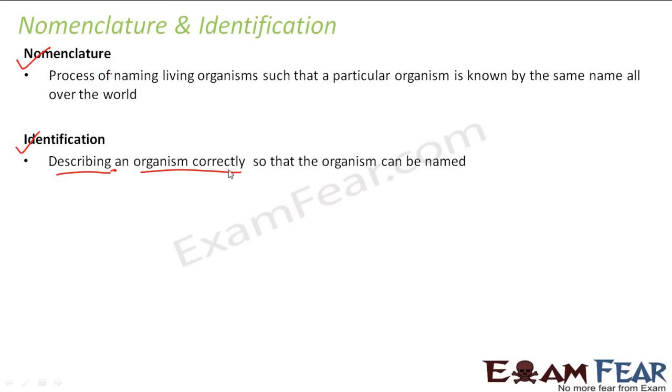That is known as identification. So which comes first? Identification comes first. First you have to identify the organism, only then can you give it a name. Nomenclature is possible only when identification is done, because once you know that organism, you can give a suitable name to it. So nomenclature will always follow identification.